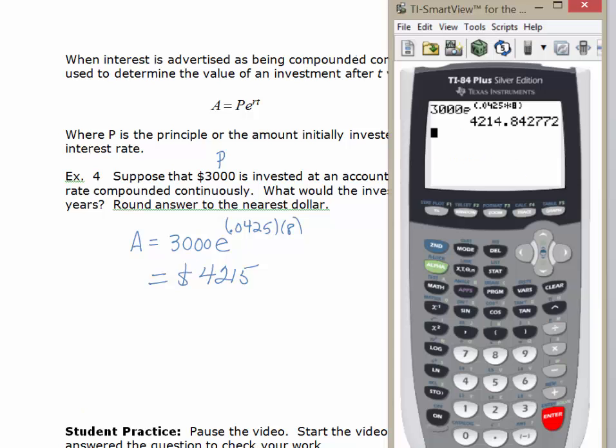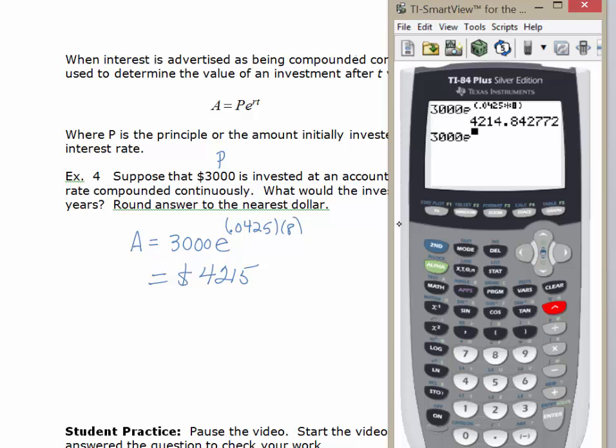Now let me show you how to use the other key. It's up to you. It's your choice. We're going to evaluate the same expression, 3,000. If we multiply that by e using the second division key, you see how now that just gives us the number e and it doesn't raise it to the power.